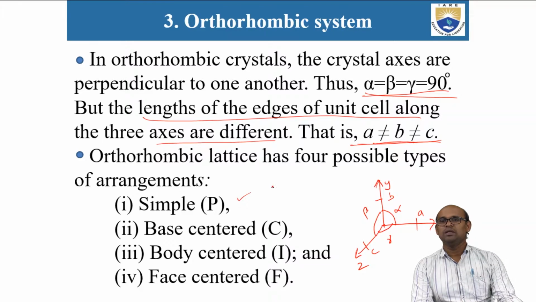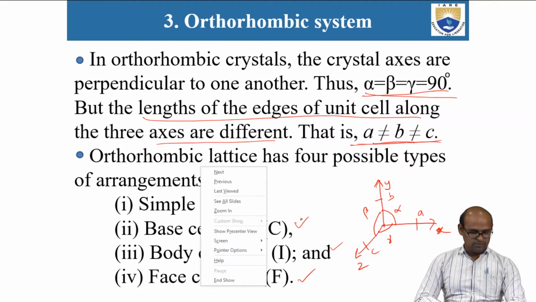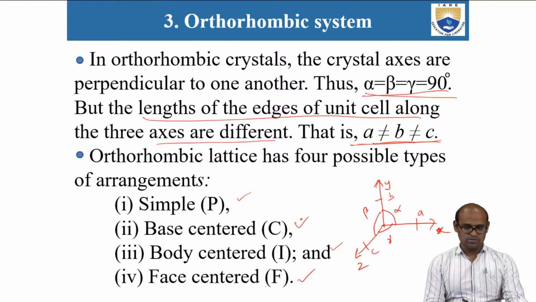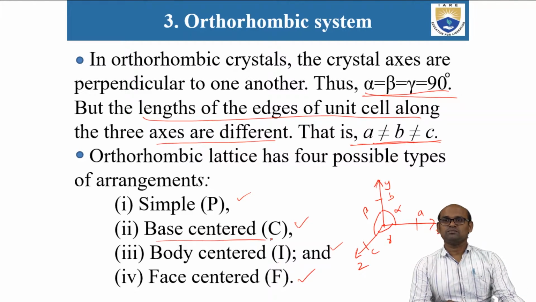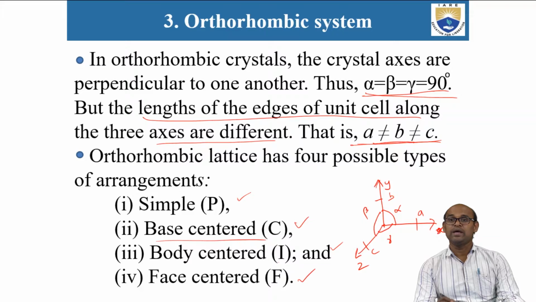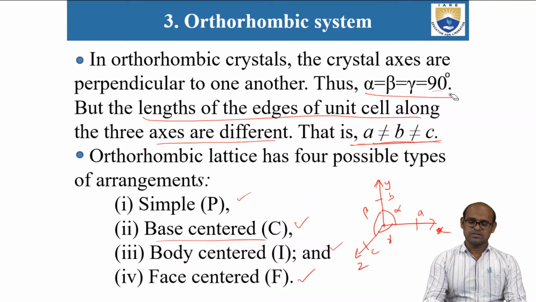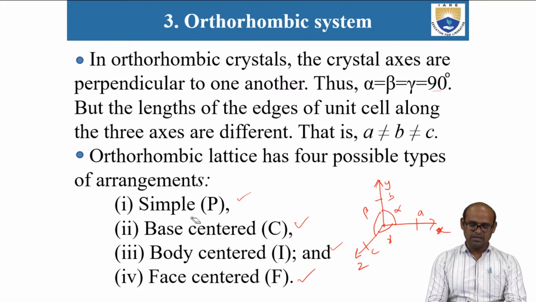Simple orthorhombic system, base-centered orthorhombic system, body-centered, and face-centered. Up to now we have only seen simple, body-centered, and face-centered. Now the new one is base-centered, that is C. So the orthorhombic crystal system has 4 different types of arrangements: simple, base-centered, body-centered, and face-centered orthorhombic.